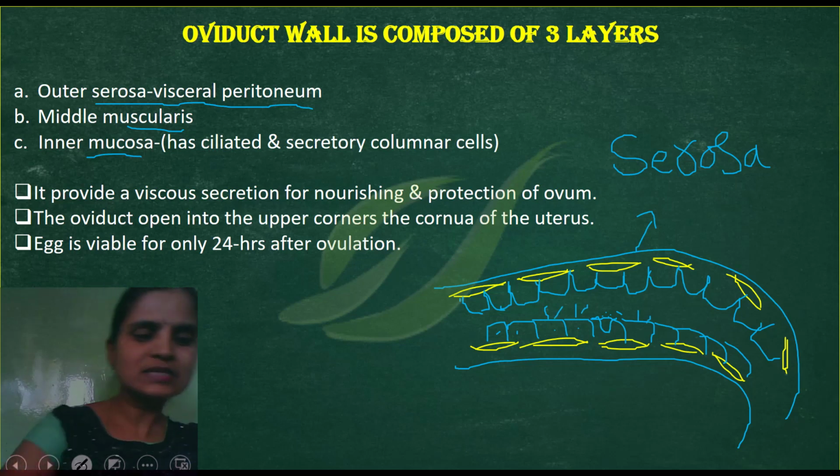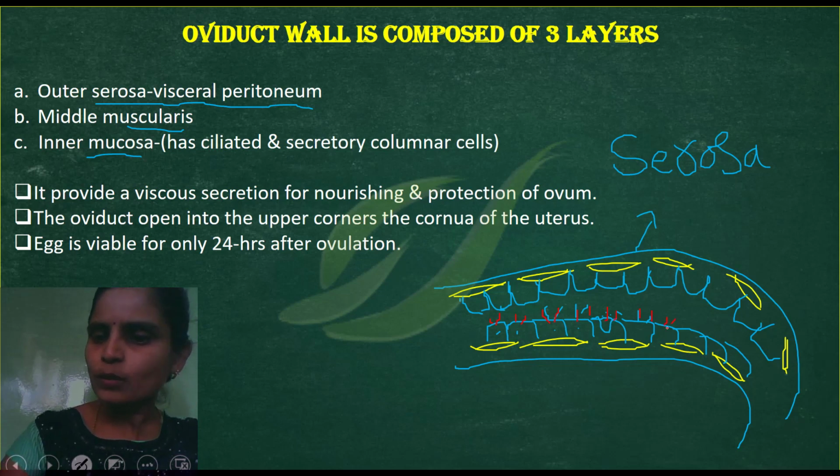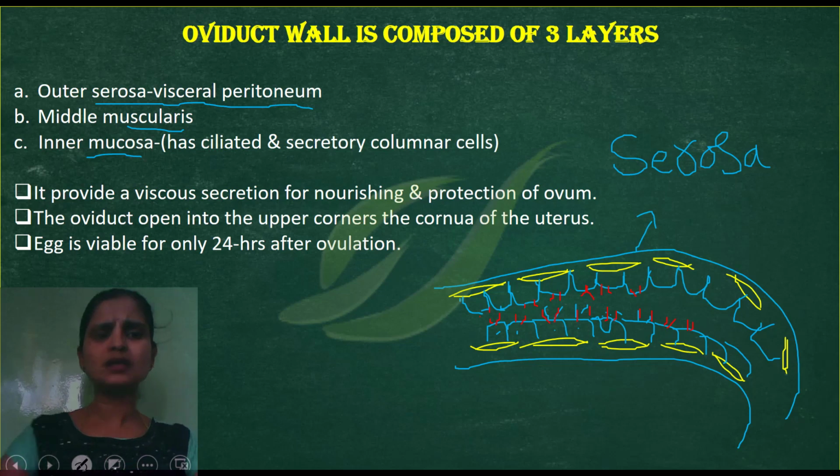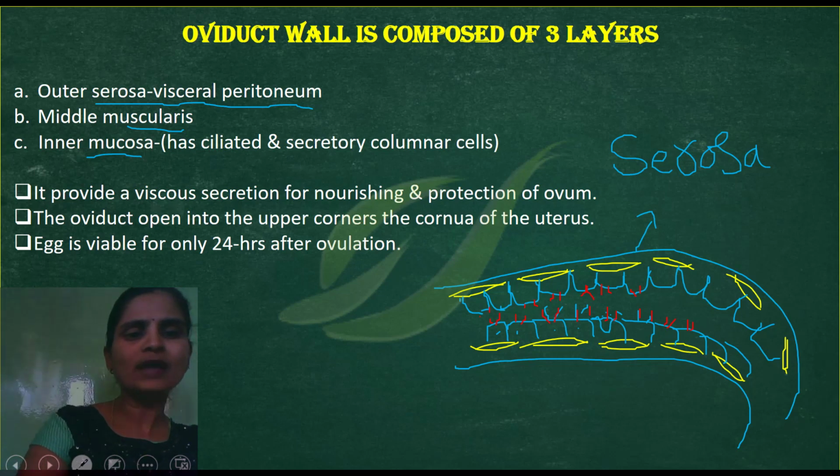As the ovum enters inside, these cilia will push the ovum into the uterus. These are the different regions present in the fallopian tube. The main function of the fallopian tube is to provide a viscous secretion for nourishment.